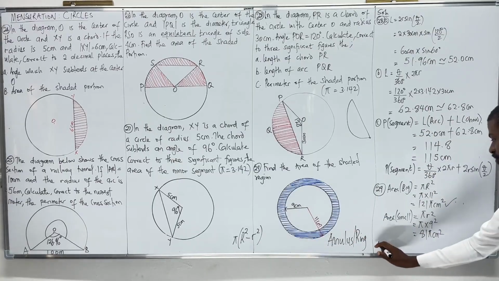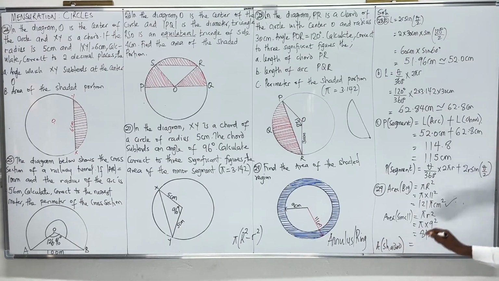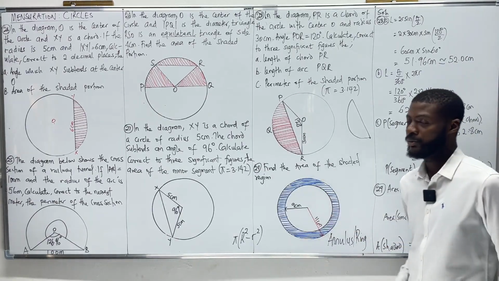So that means the area of the shaded region is going to become 121 pi minus 81 pi. This should be 40. It has to be 40. So that's 121 minus 81. So this will be 40 pi centimeters squared. You can put your pi as 3.142, it is your choice. So this is what the area of this very section would be.